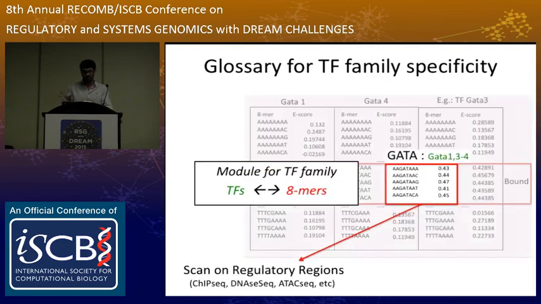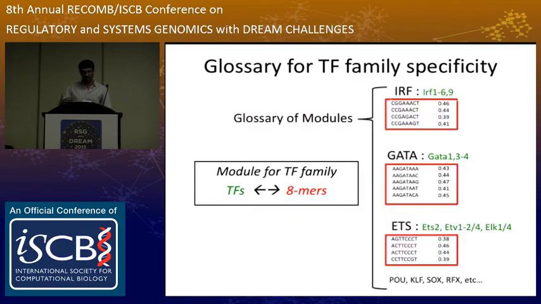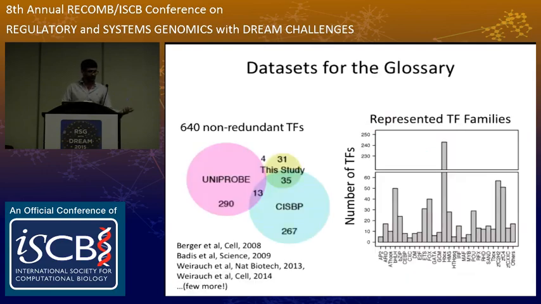If we can compress this into modules that link a subset of transcription factors, then by systematically applying this to the surveyed transcription factor classes, we can create a sort of minimal glossary for transcription factor family specificity. The idea was then to apply that to the number of surveys and data produced in the last years.